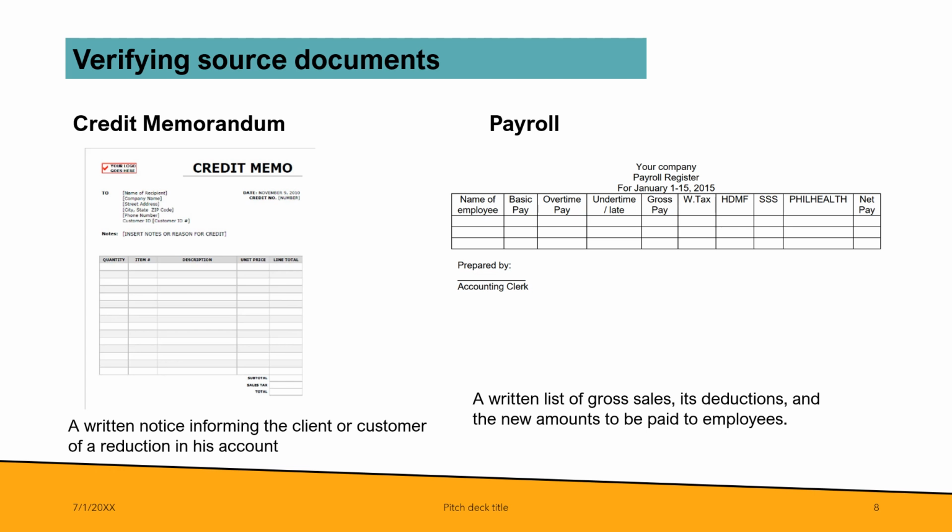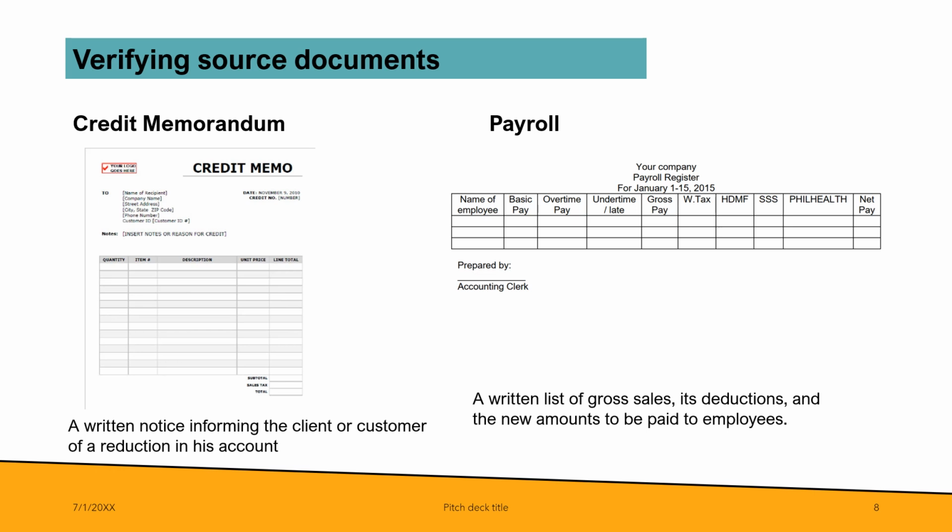And deductions include the withholding tax, HDMF for Pag-ibig, SSS, PhilHealth, and you have the net pay. Net pay is actually equal to gross pay minus all these deductions, withholding tax, HDMF, SSS, PhilHealth. So that's the deductions for your payroll, and if you deduct that from your gross pay, you will get the net pay.